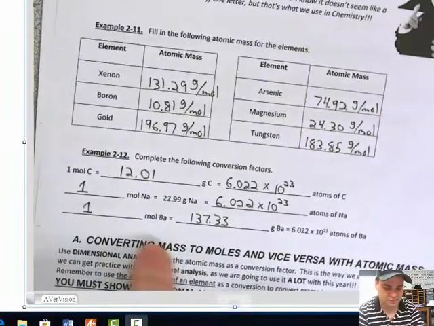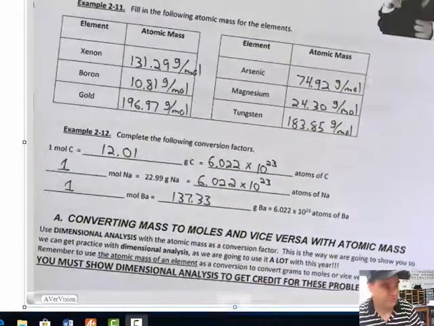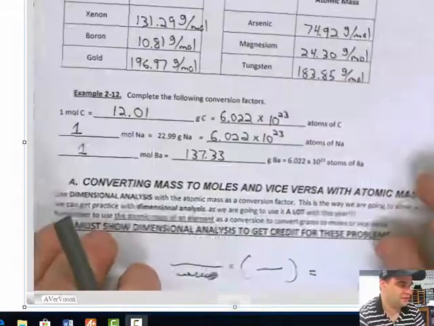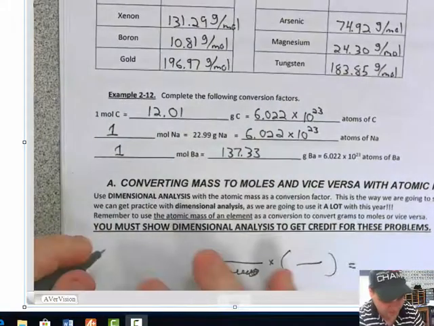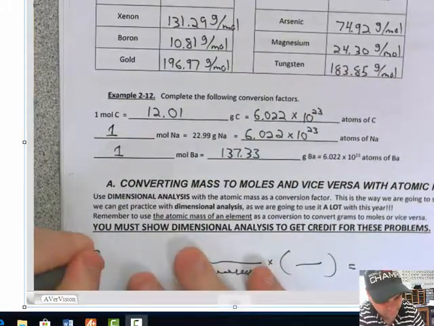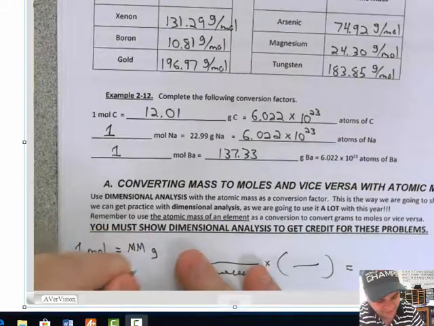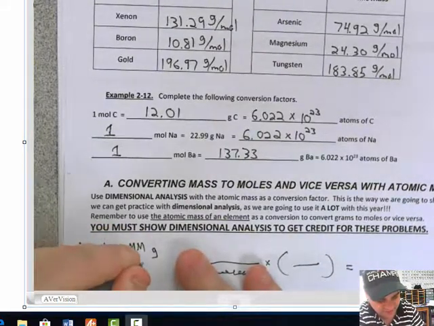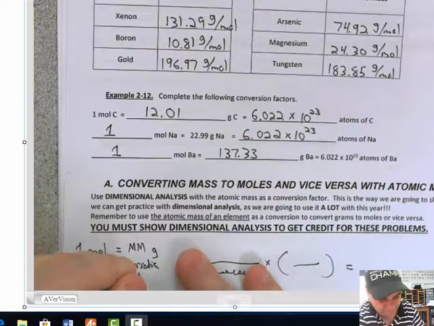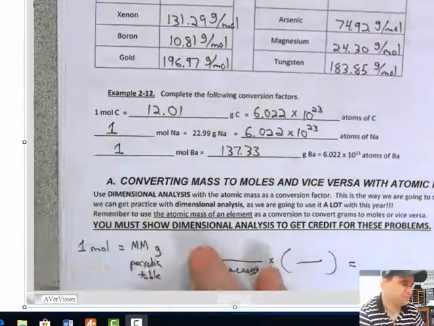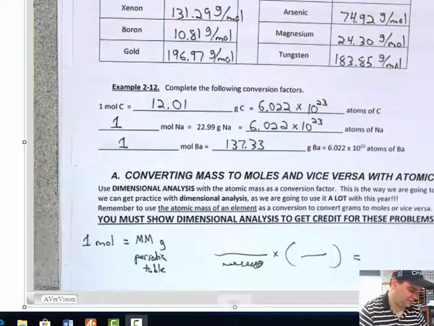If we're converting mass to moles, we are going to use the conversion factor of 1 mole equals the molar mass of the element in grams. This is from the periodic table.